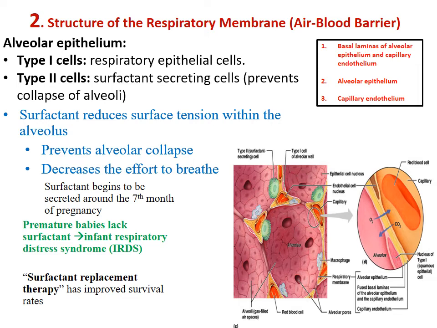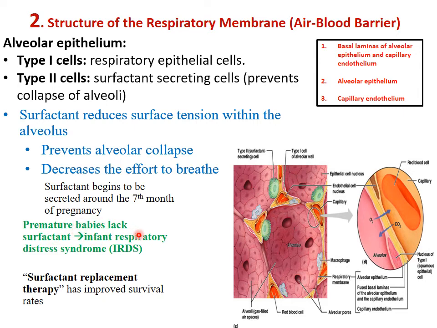breathing, and usually surfactant secretion begins around the 7th month of intrauterine life. Sometimes there is a disease condition called infant respiratory distress syndrome, or IRDS, which means premature babies lack surfactant, right?